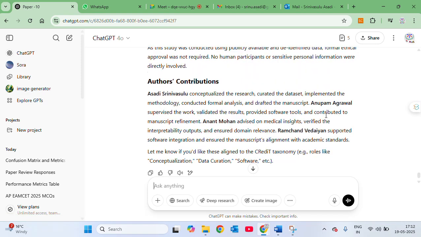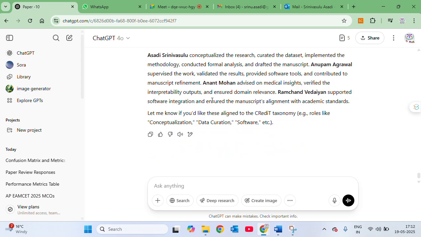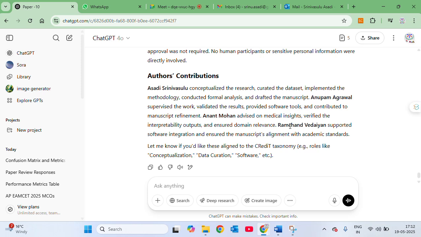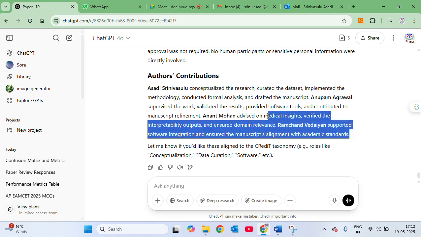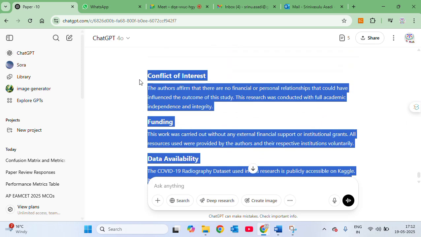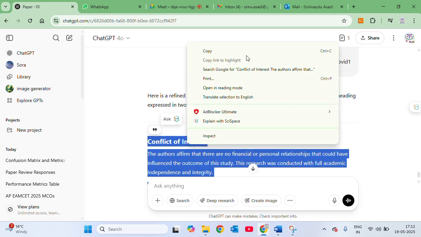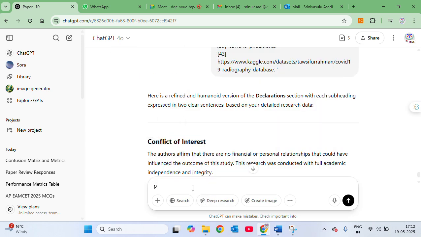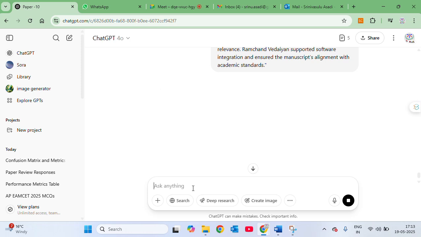Data availability. See, it prepared the authors part. Okay. So here now I will paraphrase it. See, conflict of interest, paraphrase, and make it into humanoid text for this data. So now the paper is completed. Now we have to insert all the graphs.